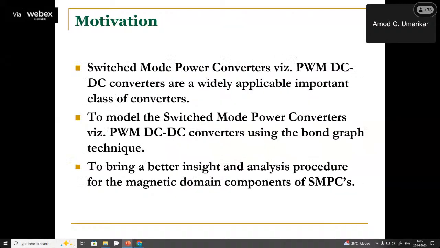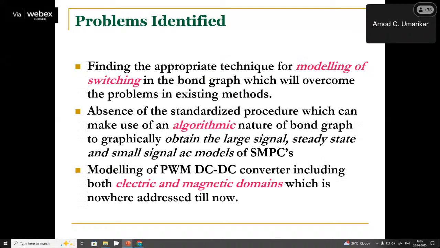But there are some fundamental issues there. I have taken the case of switch mode power conversion, PWM DC-DC conversion. Using the bond graph, we need to model switch mode power conversion and get better insight and an analysis procedure for magnetic domain components. The first problem is modeling of switching, right?